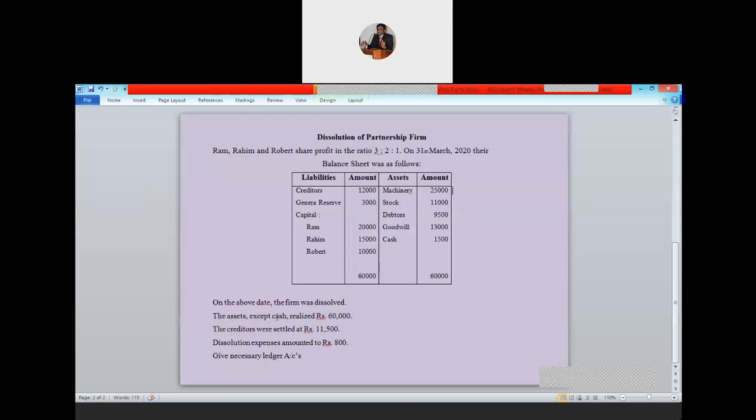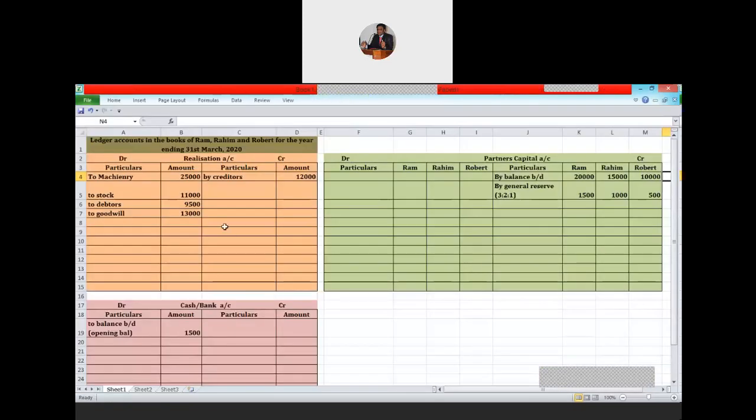The assets except cash was realized 60,000. The entry is cash account debit to realization account.